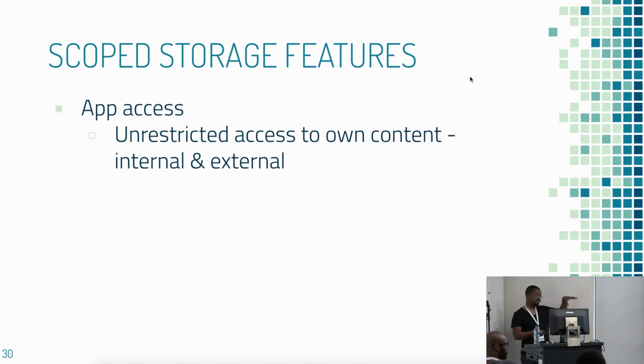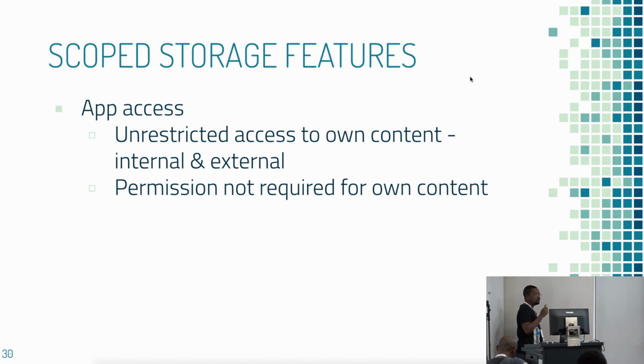So when you create it on the internal storage place, as well as on the external storage place, your app will have unrestricted access. Because of this, permission is not required for your own content. So read external storage is not required for you to access your own files or your own content that your app has created.